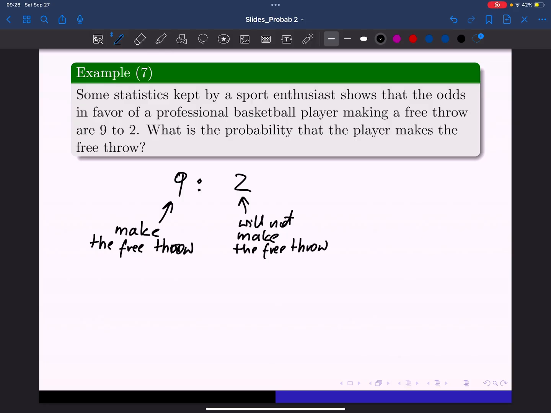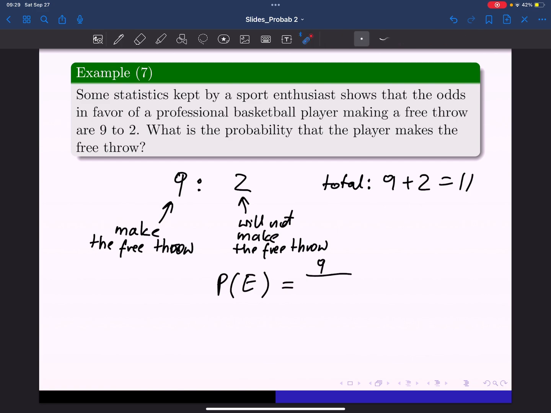So what is the total? The total is 9 plus 2, which is 11. So the probability of making the free throw, let's call it event E, would be the favorable outcomes, 9 out of the total number, 9 out of 11.